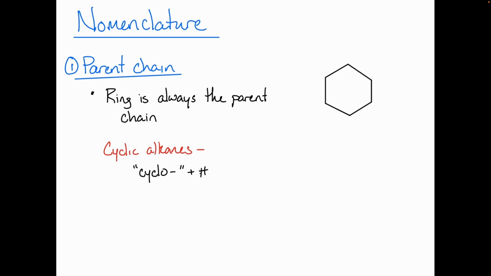Then you're going to use that number of carbon prefix, the same ones that we saw before, prop, but, pent, etc. And then since they're alkanes, they have that same ending, A-N-E. So when I look at this molecule here, I know that this 6-carbon ring is always my parent chain. So that's how I got this as cyclohexane.